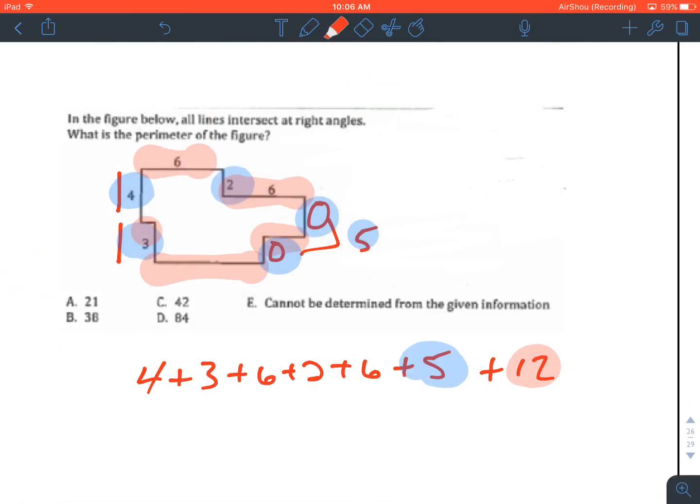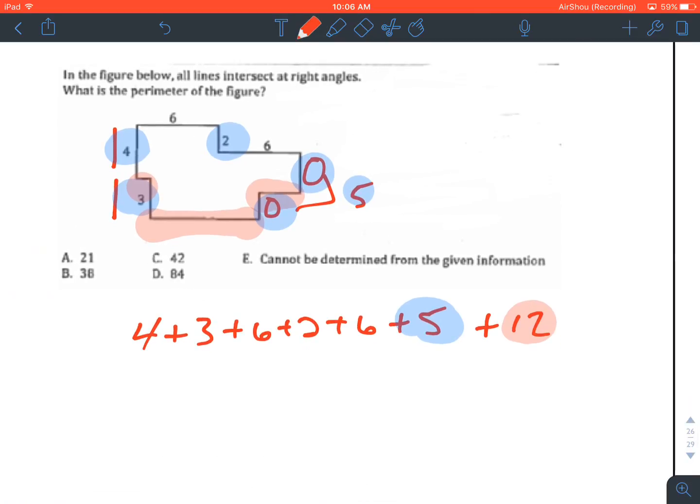That's adding up the 3 lengths across the bottom. If I add those together, it's going to be 38. Let me just confirm that with the calculator. Which is answer B.